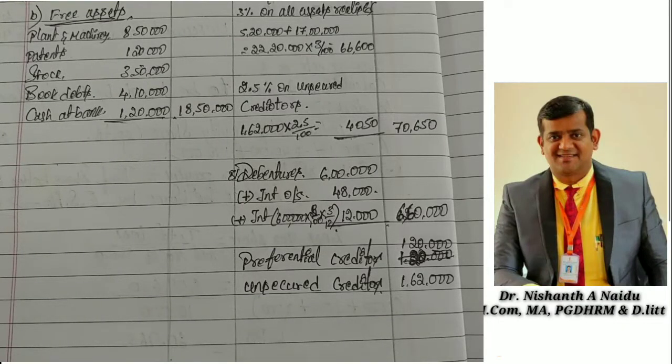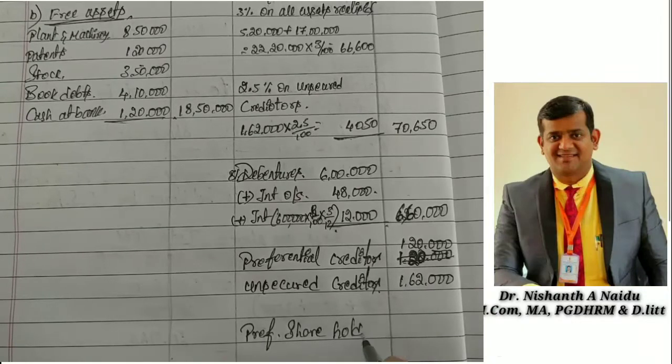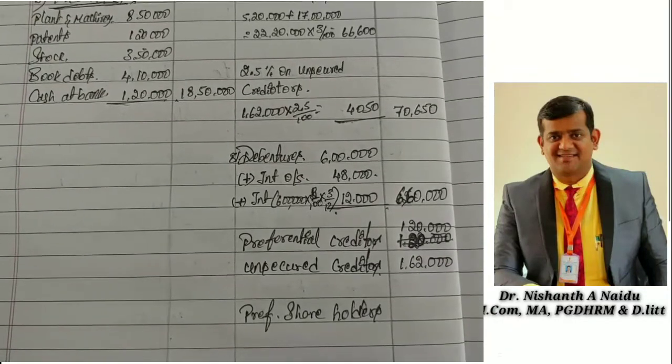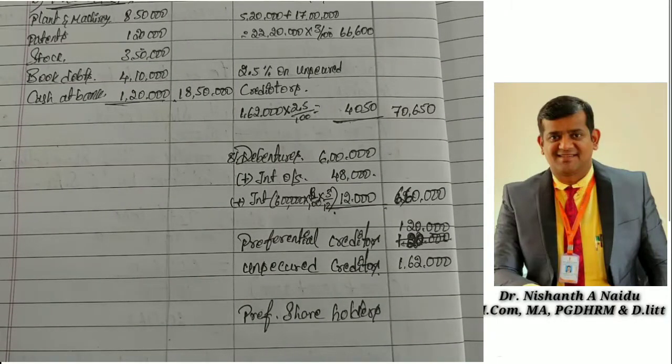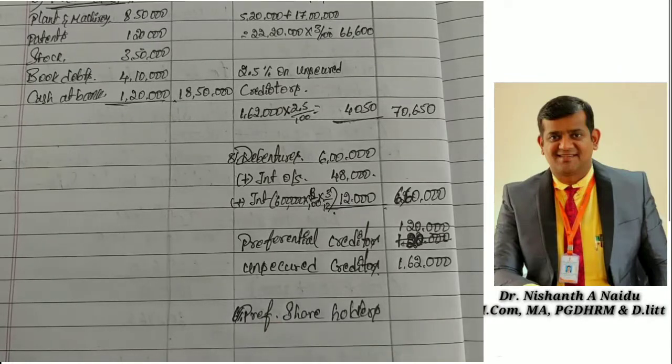So next we are supposed to settle preference shareholders. How much preference shareholders? 8,000, 6% preference shareholders, correct?